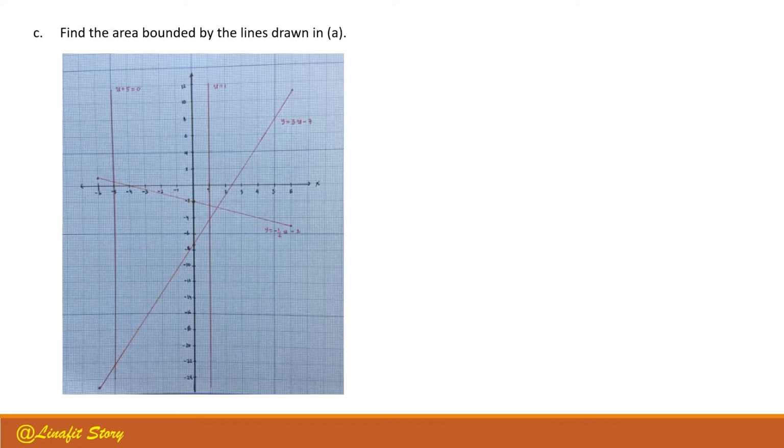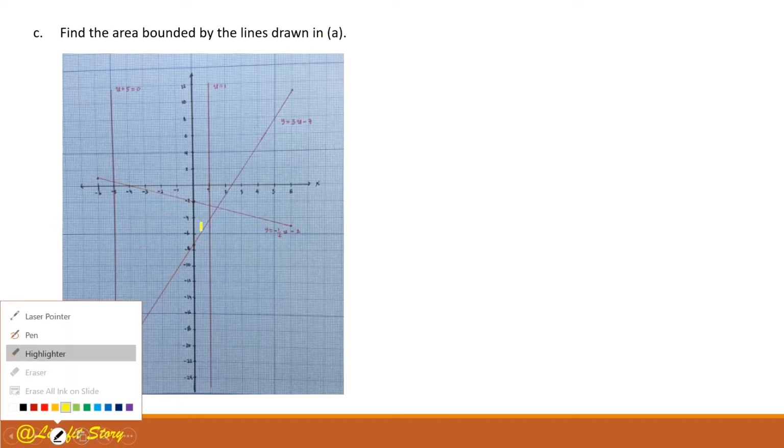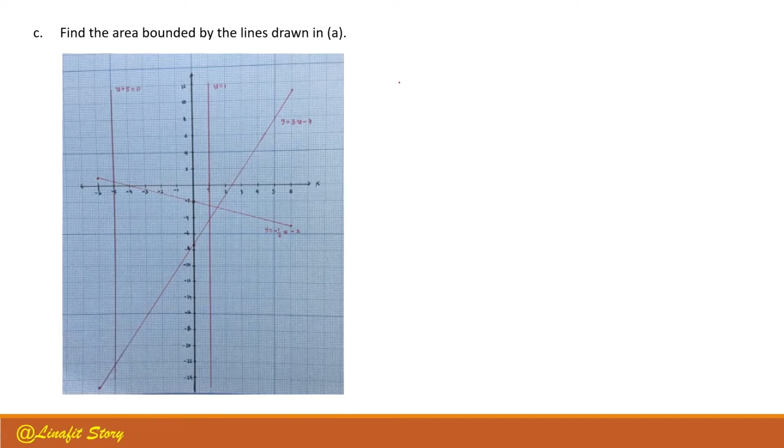Find the area bounded by the lines drawn in A. So, the area of a trapezium is (A plus B) divided by 2 times the height of the trapezium.